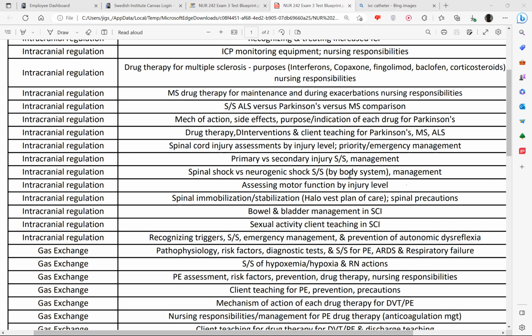And then management, of course, you know how to manage neurogenic shock. Let's review what your first actions are. You recognize neurogenic shock, the blood pressure is low, heart rate's below 60. What's your first action? Is this an emergency? This is shock.